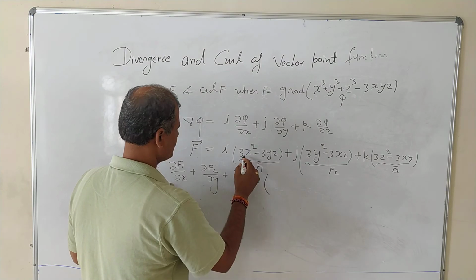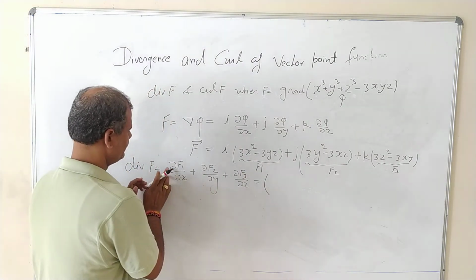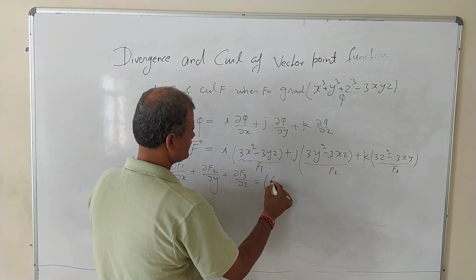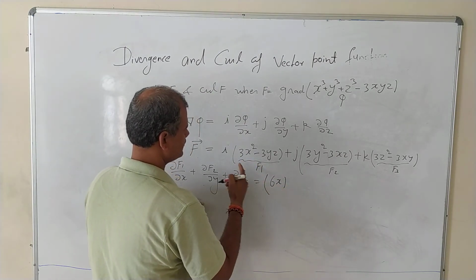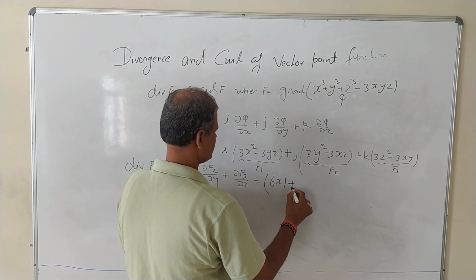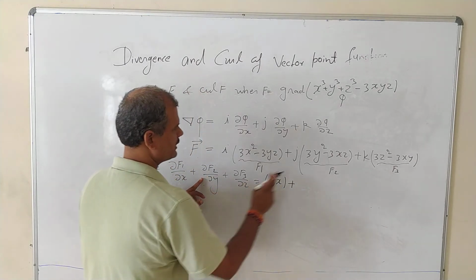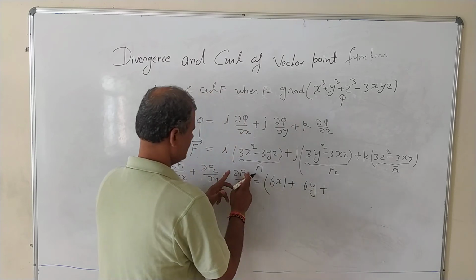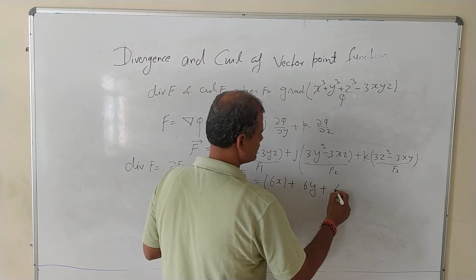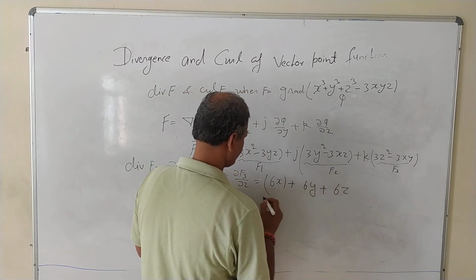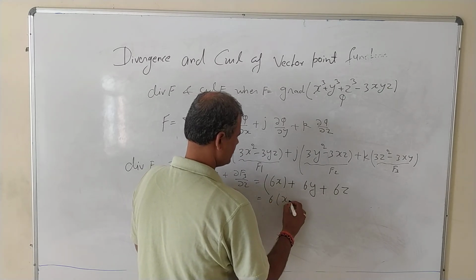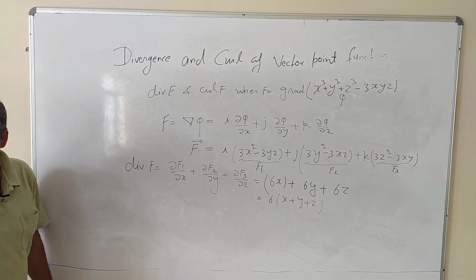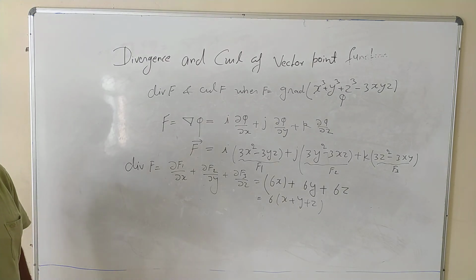Differentiation of f1 with respect to x, so we get 6x, right? Plus del f2 by del y, so we get 6y, plus del f3 by del z, 6z. So 6 times (x plus y plus z). So this is your divergence of f, right?